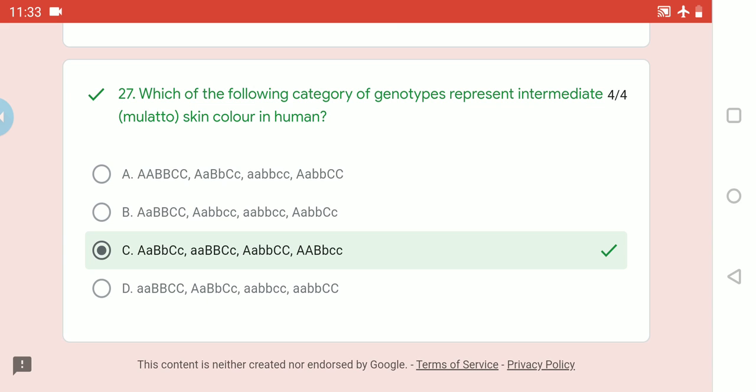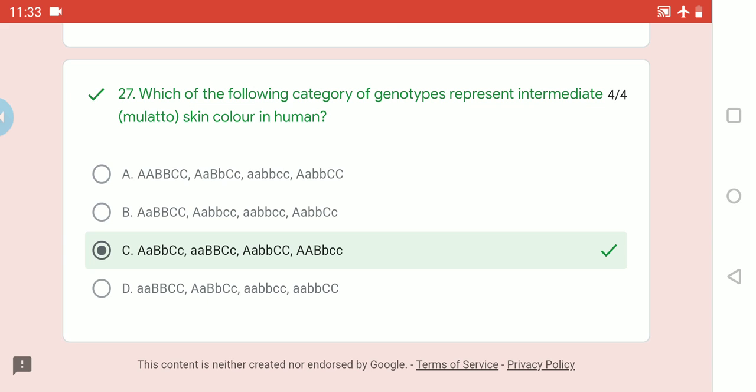Then small a, small b, small c is fair, or recessive, in the case of skin color. By crossing between these two, whatever we get, the intermediate, is known as mulatto skin color in humans.